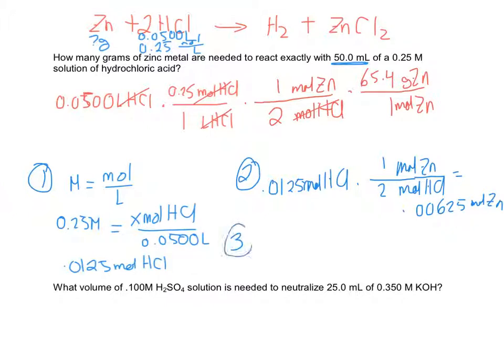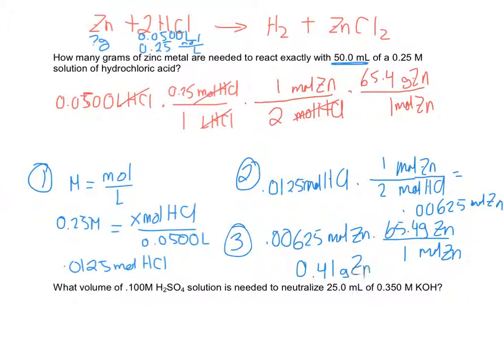Same thing here, so you're going to go from 0.00625 moles of zinc, moles on the bottom, grams on top. 1 mole is 65.4 grams. If you calculate that, you end up with 0.41 grams of zinc, and you get that either way that you do it. 0.41 grams of zinc.